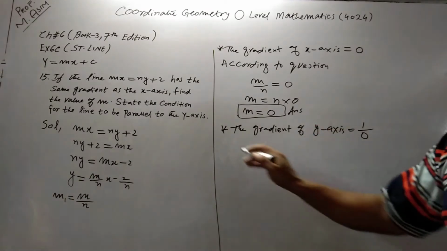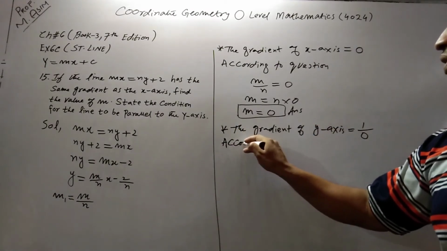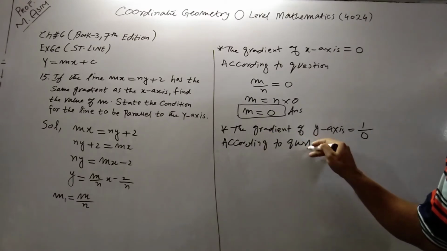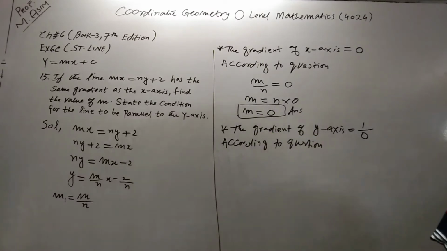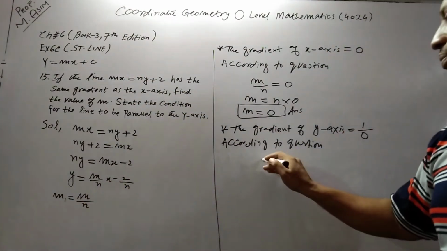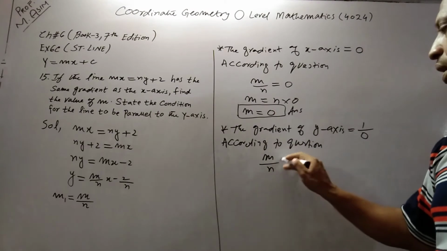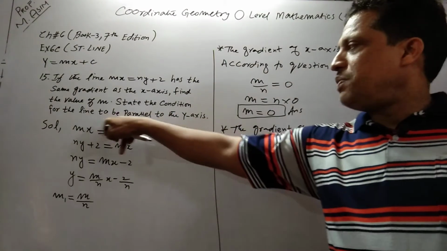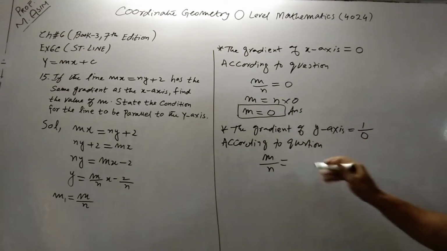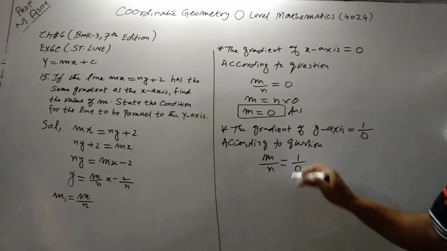Now, according to the question, what is the gradient of the given line? m upon n. And if the line is parallel to the y-axis, the gradient is 1 upon 0.